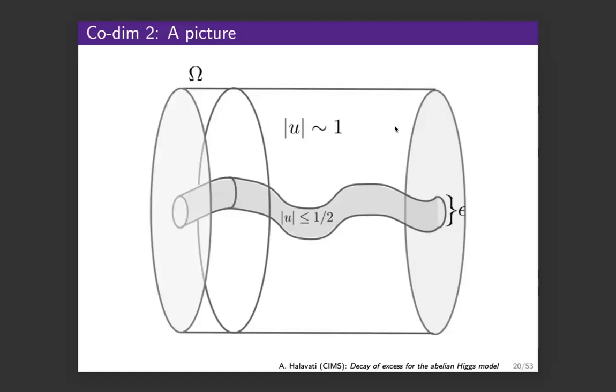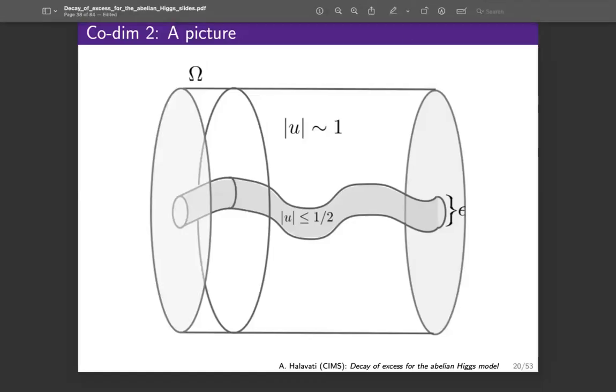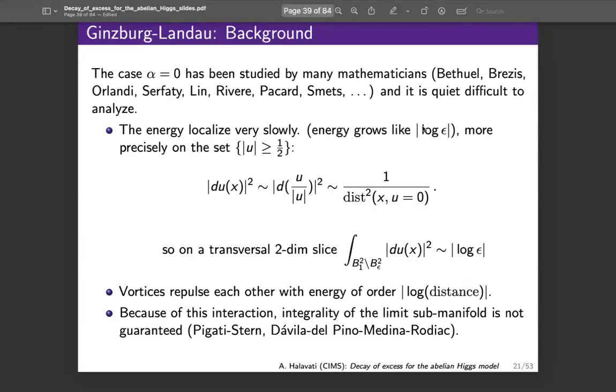So a little bit of background on this energy. In the case where there is no magnetic field, this energy is just called the Ginzburg-Landau energy and has attracted a lot of attention in the recent past, and it's quite difficult to analyze. One of the reasons is that the energy localizes very, very slowly.